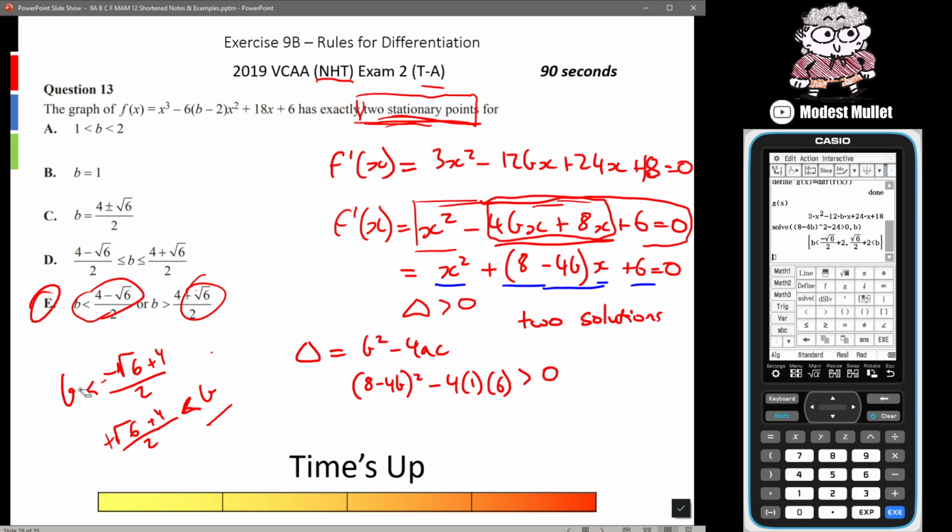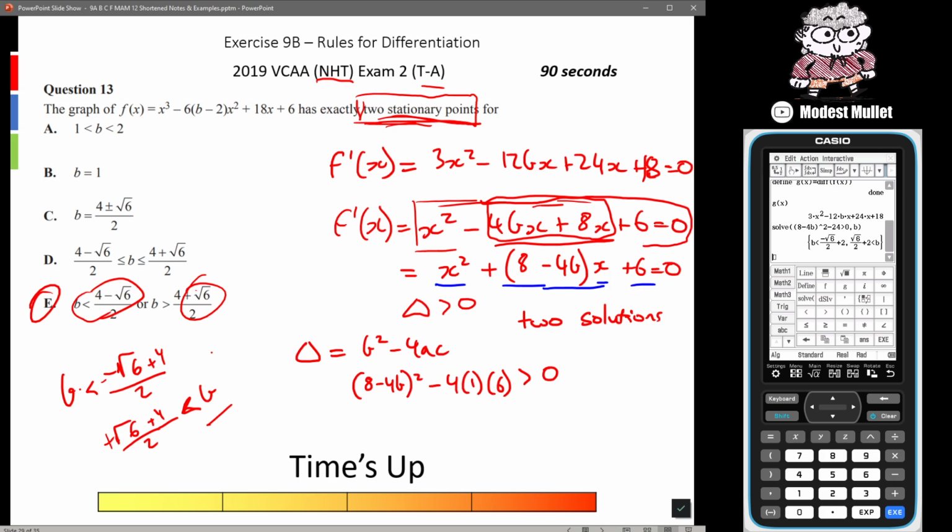There we go. That's a mighty hard problem. But it's there. So that's having a real strong understanding of not only differentiating, but then remembering our stuff from quadratics, where this question is telling us we have to have two stationary points. That means when the derivative is equal to 0, there must be two solutions to that.